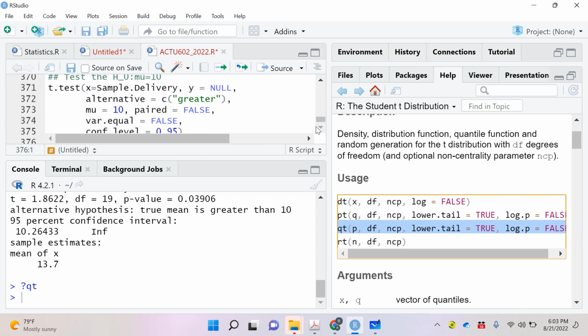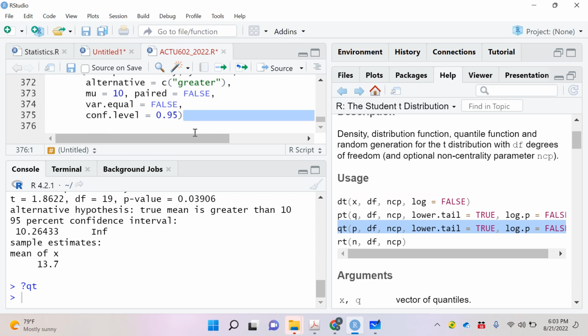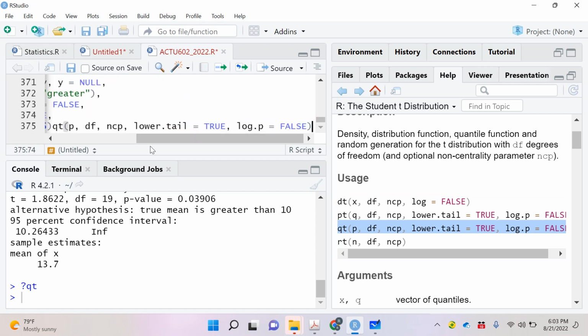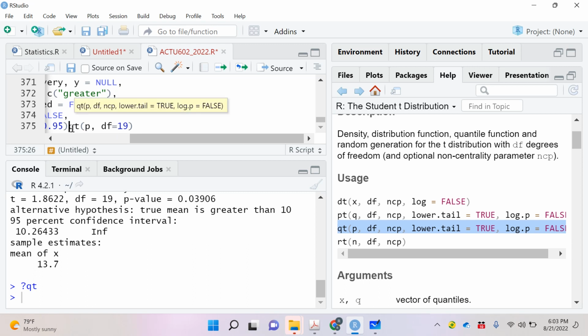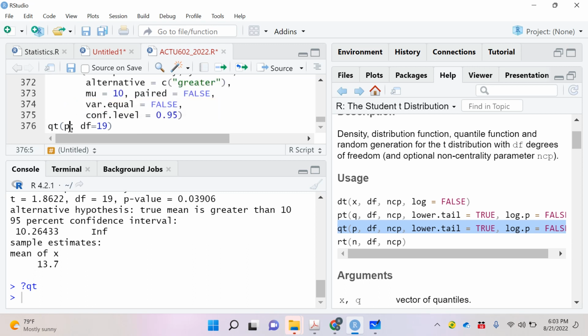If I want to compare my value with what I'd get from the tables that you were used to, the degrees of freedom is 19, right? What about our P? Our P is 0.95, right? So let's see.